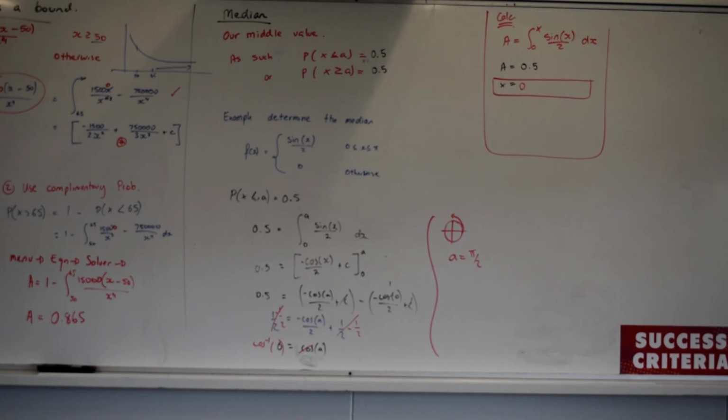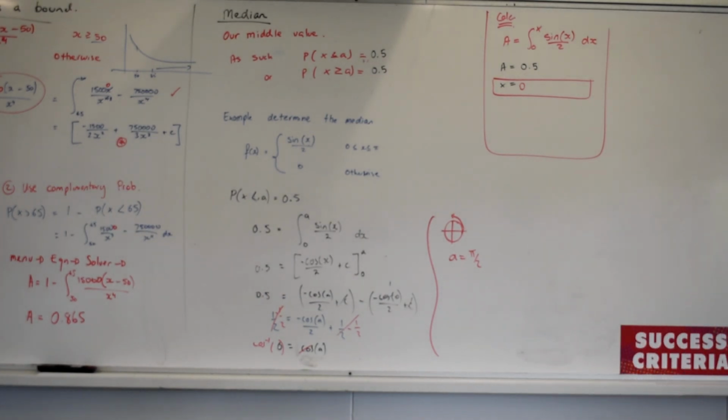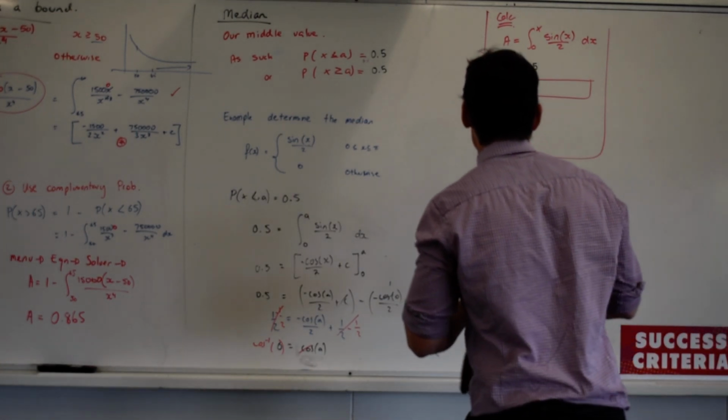So if you got 10 point something, what do you need to make sure you're doing? Checking that your calculator is in radians. 1.57 sounds good to me.